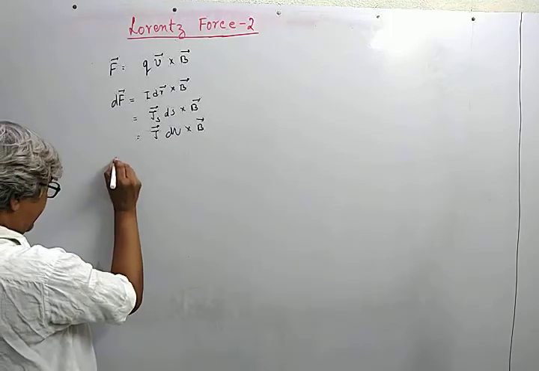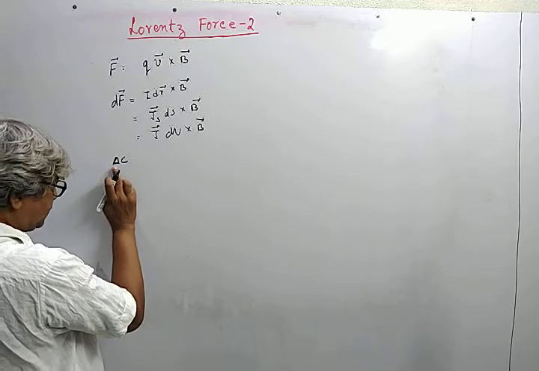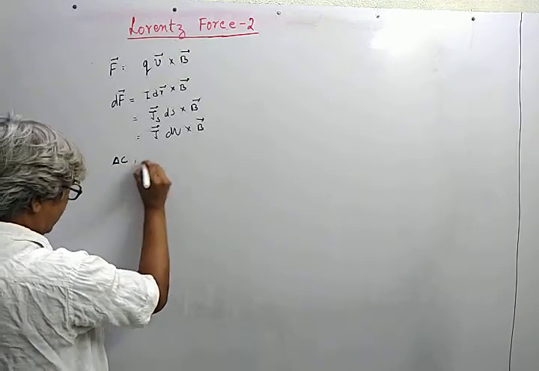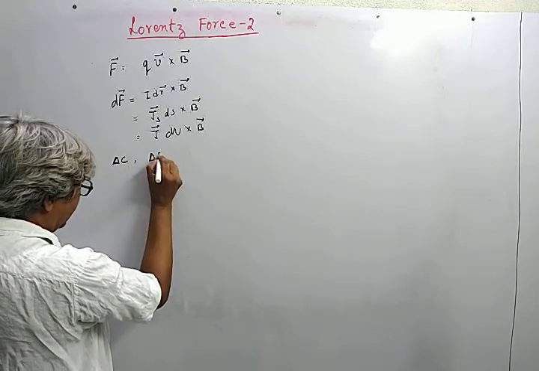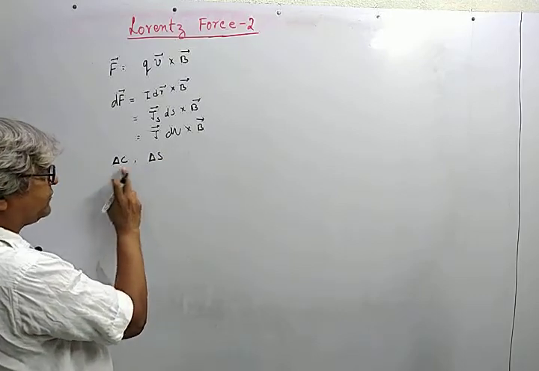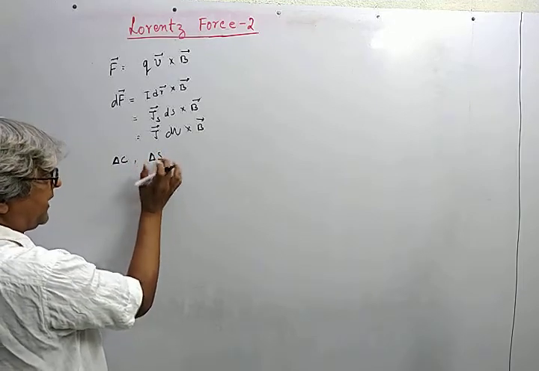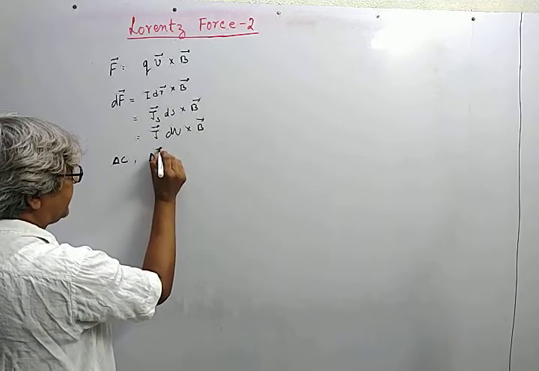Whenever an elementary current loop delta C is a closed current loop which encloses an area delta S, since it is an elementary loop, the area is small, so it can be considered to be a vector, and we call it the vector area.